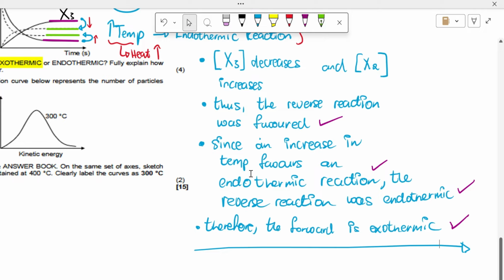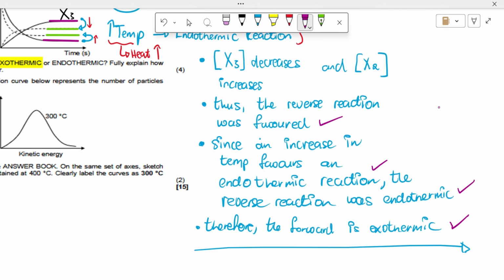You see how you answer these questions, guys? You must make sense in your answer. Don't just jump from this point to that point. No, don't jump like that, guys. Let me say it again. I started by saying the concentration of X3 decreases and the concentration of X2 increases. What does that mean?